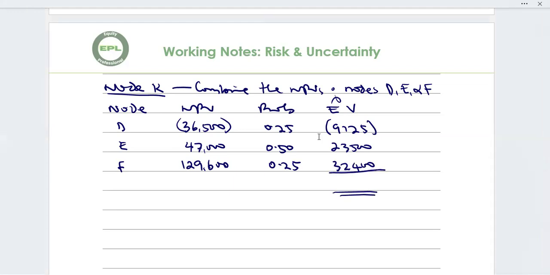So the expected value is plus 23,500 minus 9,125. That's 46,775.